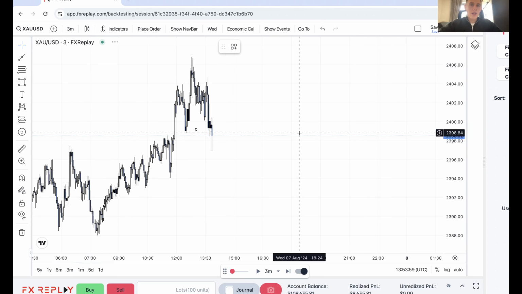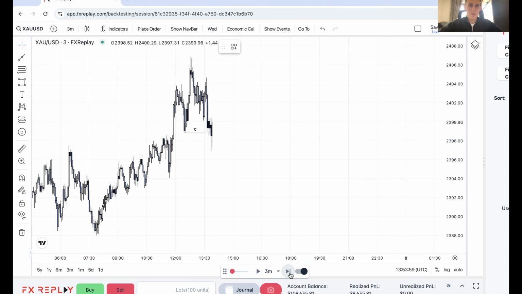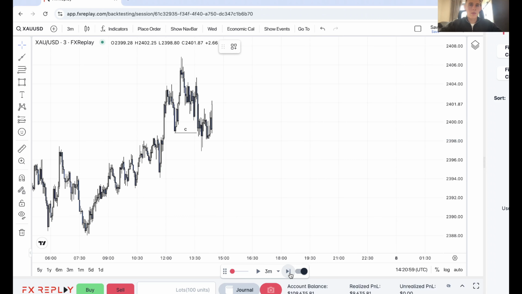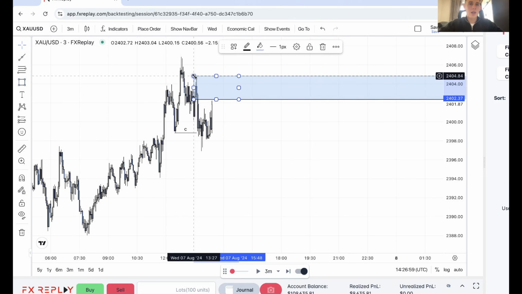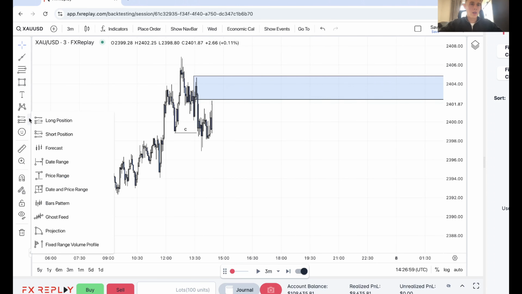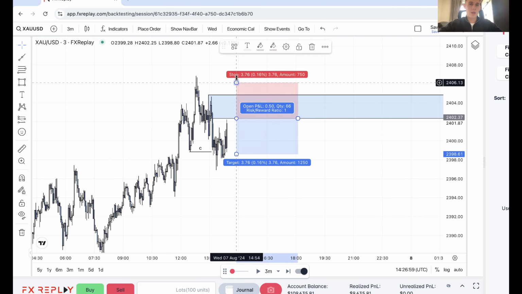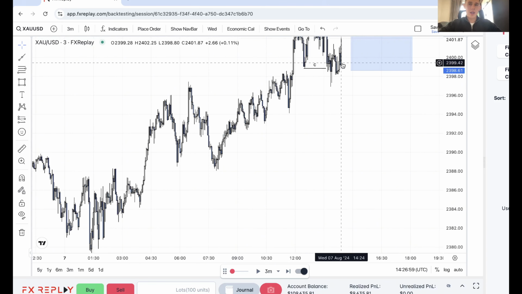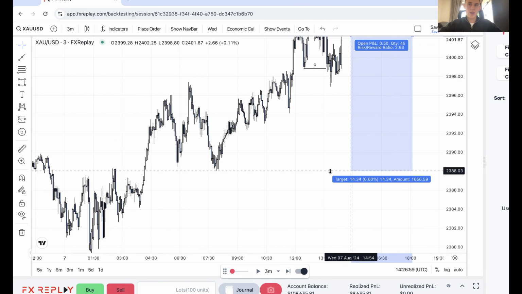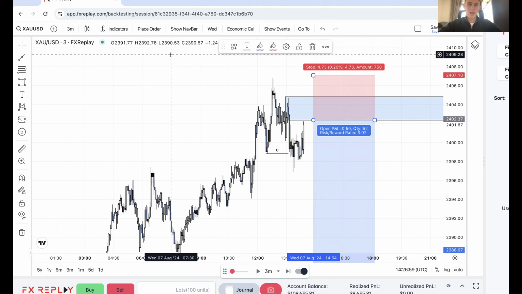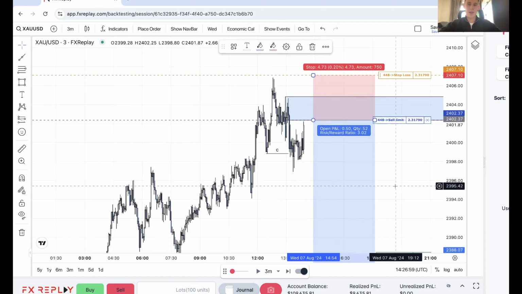I'm not really seeing an entry area just yet. Actually, maybe this zone just there. Clear area of supply. Let's set a limit just there. I'm going to put stops just above that high, and I'm going to target this low just there, and make that a 1 to 3. So there we go. Let's have a look.